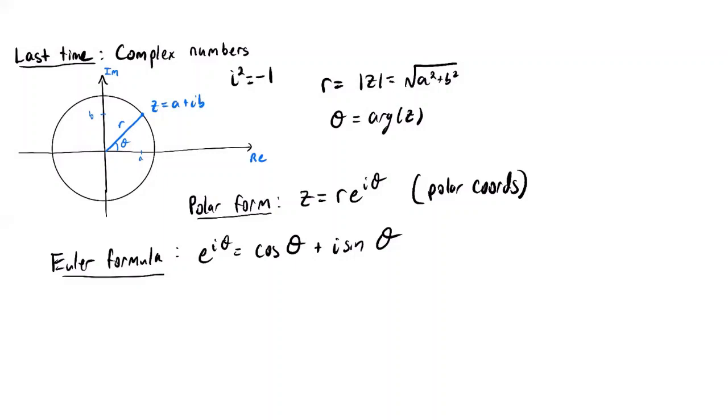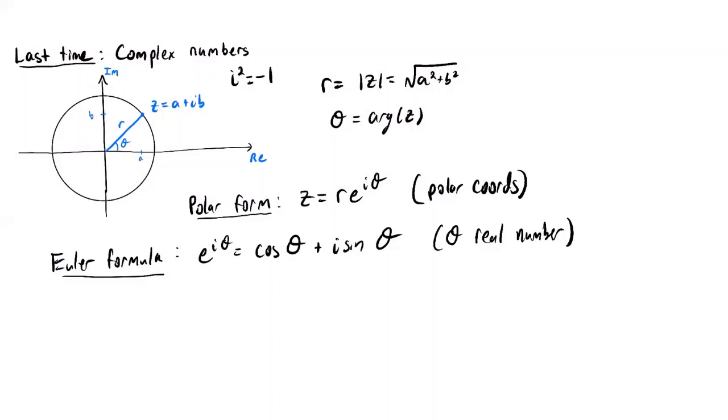What actually made this polar form work? Well, we have the famous Euler formula, which allows you to write the complex exponential. If I plug in i theta, where theta is an ordinary real number, you can write e to the i theta as cosine theta plus i times sine theta.